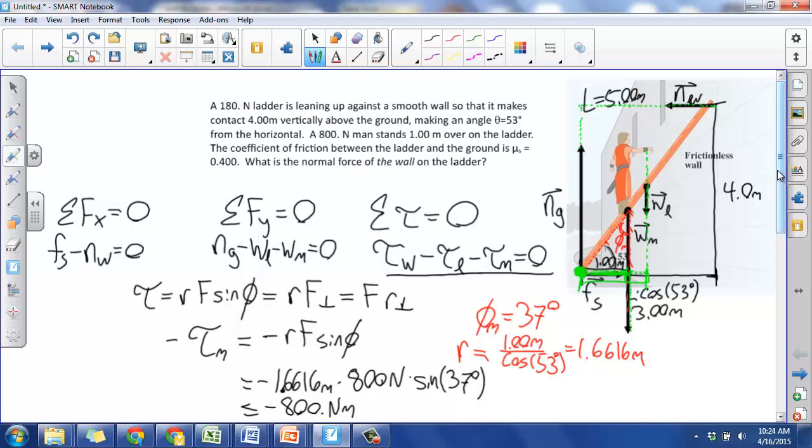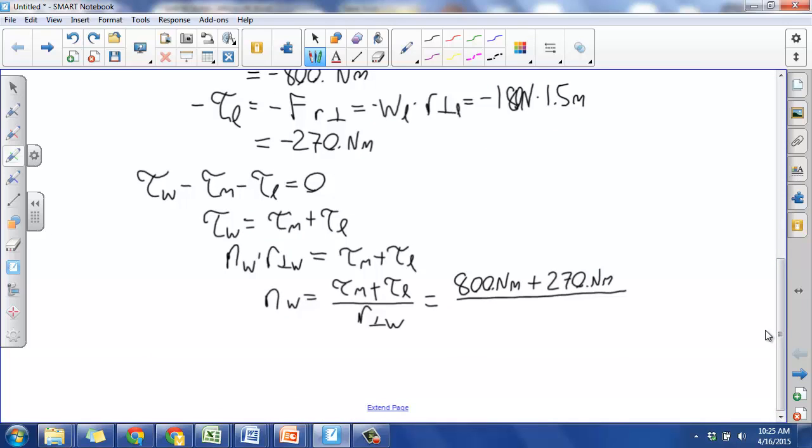This is perpendicular for the pivot. We come down here. So this is R perpendicular for the wall. So it's 4 meters. So the normal force by the wall is 267.5 Newtons.